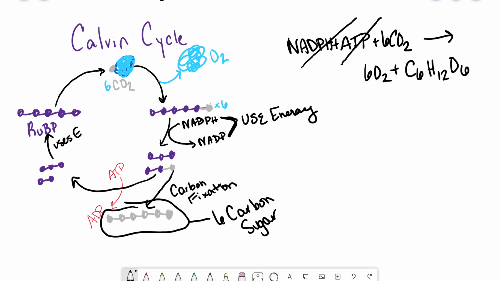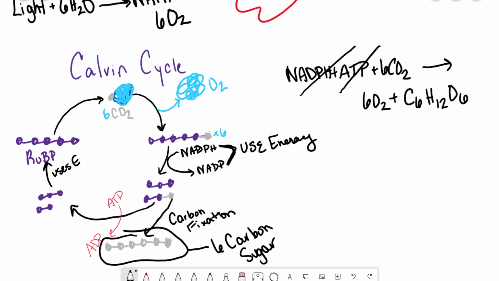So we don't have to put the used part on the other side because we won't put it on either side essentially. So we took the products from the light reaction, NADPH and ATP, we added with that some carbon dioxide, and when we did that, we created oxygen and sugar, and then I guess we could say NADP and ADP, but that's okay because we don't really need to say that.